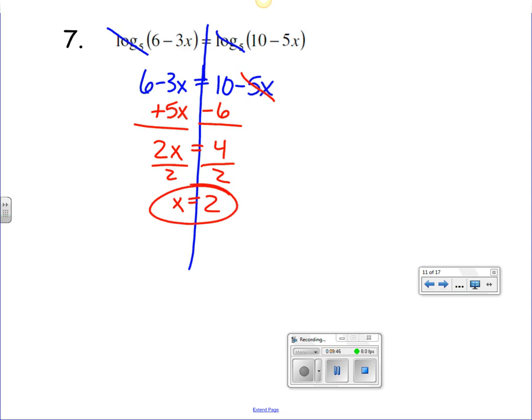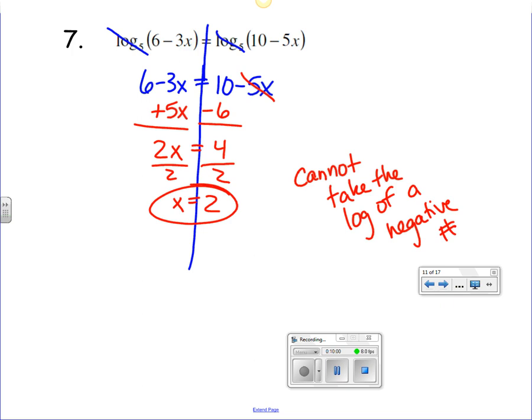Okay. Now, if you remember mentioning earlier in the video, you cannot take the log of a negative number. So you do need to double check that that is not happening. You have to plug your answer back in.